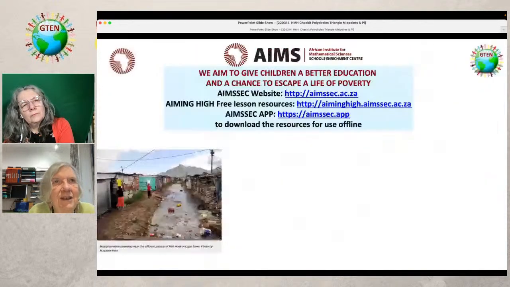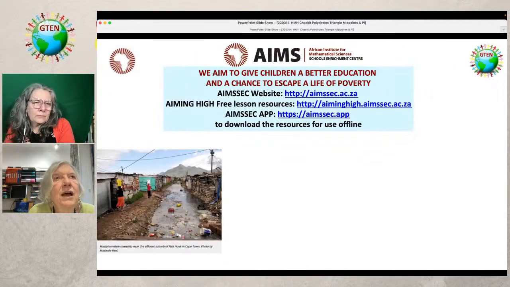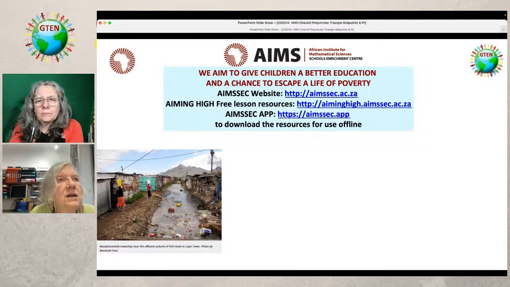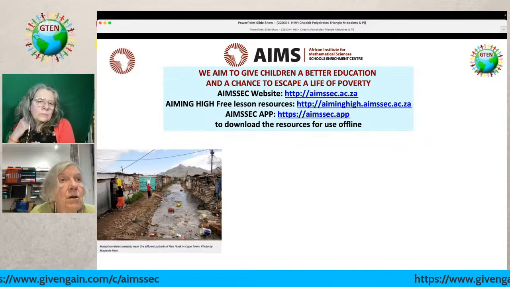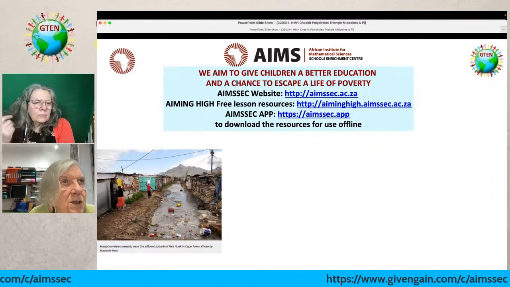Okay. And so now I want to finish by just mentioning this street scene here. That's where I work. I work in many places like that in South Africa, in the schools where the children live in those houses and those conditions that you see there, in the poorest of the poor communities in South Africa. There are millions of families that live in conditions like that.